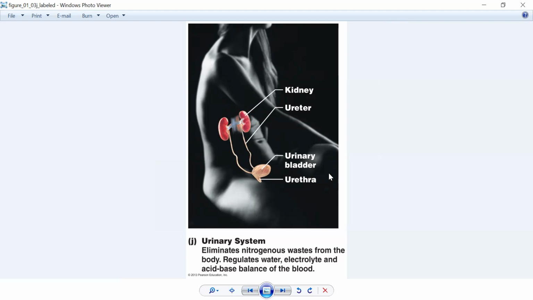Some of the functions of the kidney. Well, one of them is to maintain blood volume in the body by retaining or getting rid of water. So if you're well hydrated, you can excrete water out, versus if you're dehydrated, you want to retain water. If you can control blood volume, you can also control blood pressure.